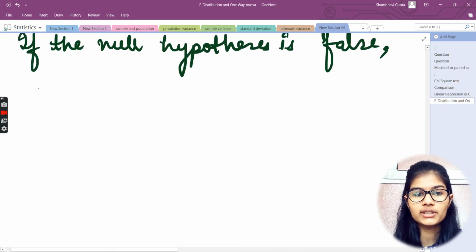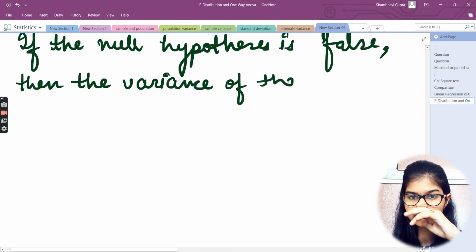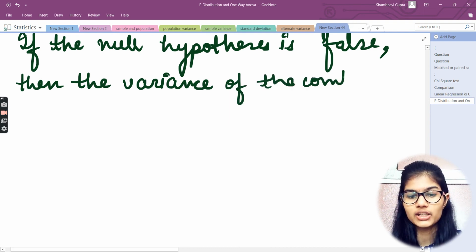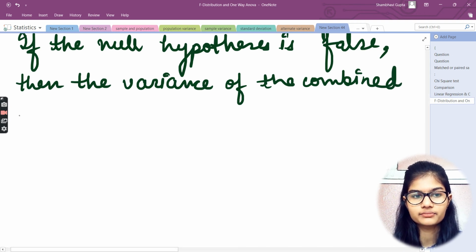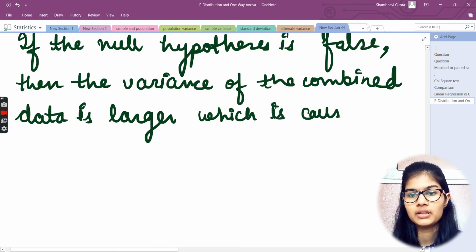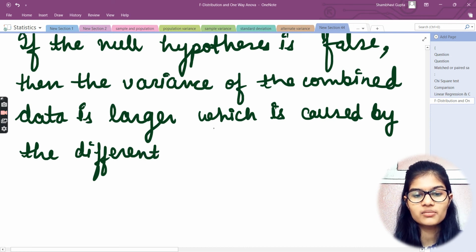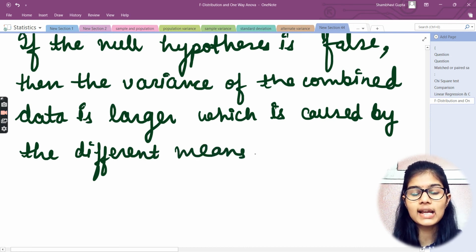If the null hypothesis is false, then the variance of the combined data is larger, which is caused by the different means which I had shown you in the previous plot which I had made.